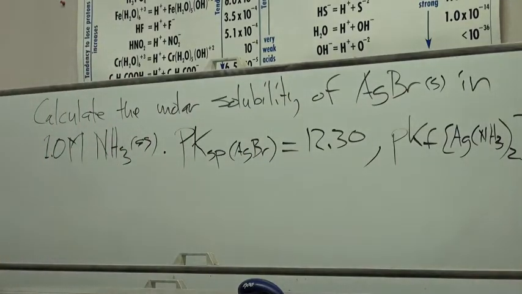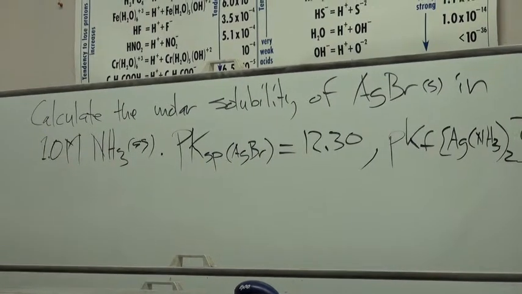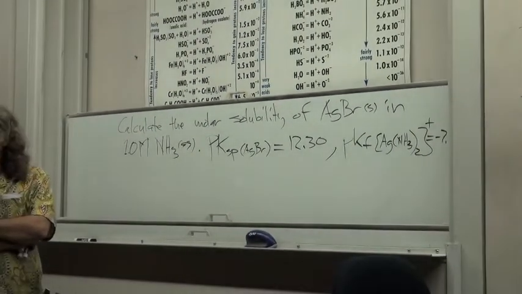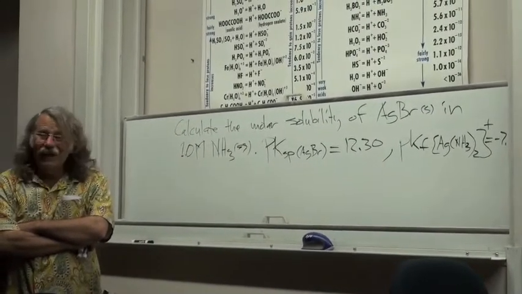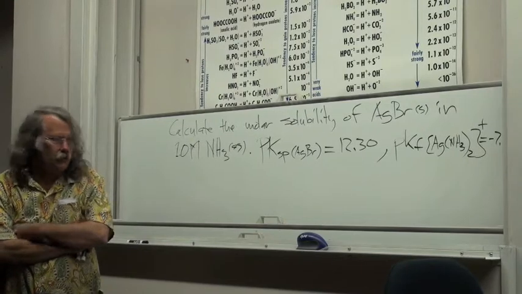So what does that tell me? Ksp is going to be equal to 10 to the minus 12.3, and Kf is going to be equal to 10 to the plus 7.26.